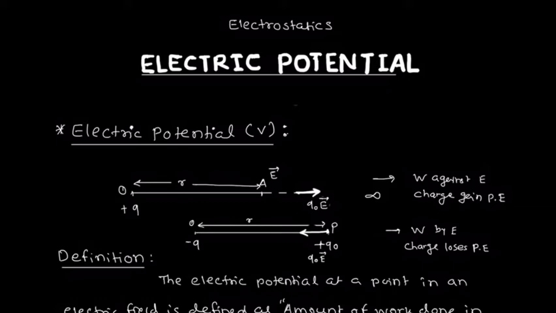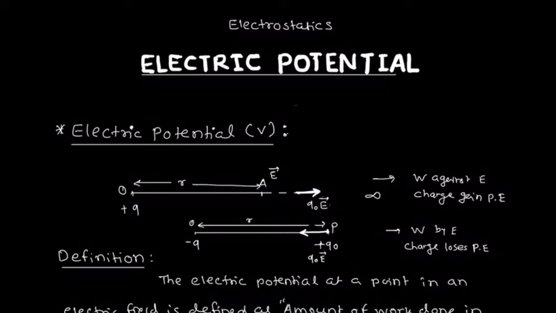Here, if we are considering the point charge is plus Q, and that charge produces an electric field, that electric field direction is away from that point. If another positive charge is moved against the direction of electric field, then what happens? Work is done.